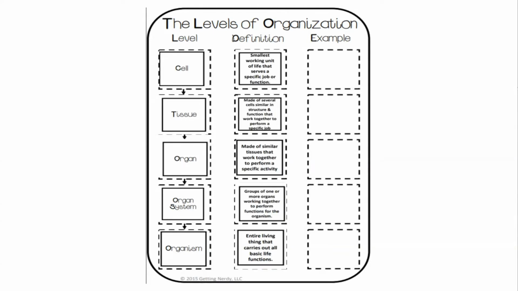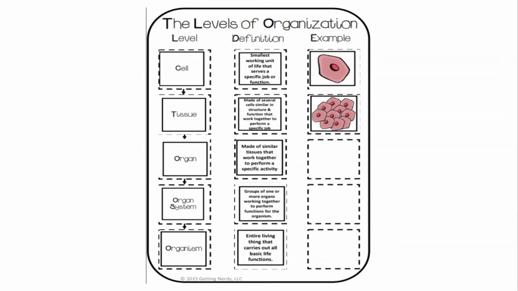So to start off with, we have our definitions here in the middle and then our pictures here on the right. So the cell is the smallest unit of life that can do a specific job or function. And then if I have several of the same type of cell put together, that's going to make what's called a tissue. So I'll talk about the types of tissues in a second.